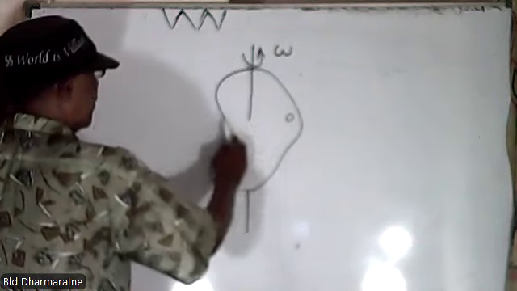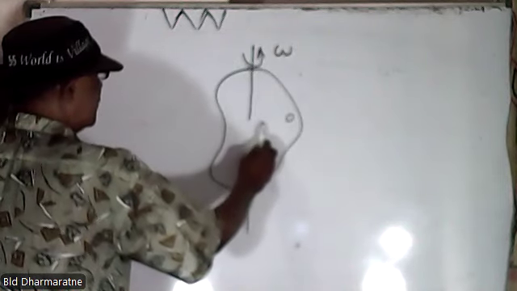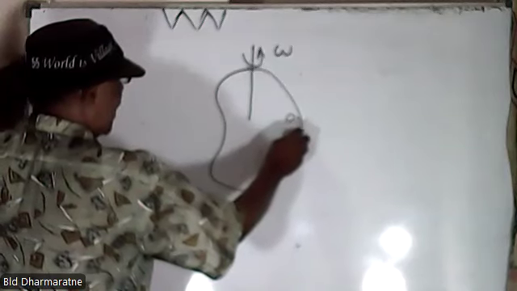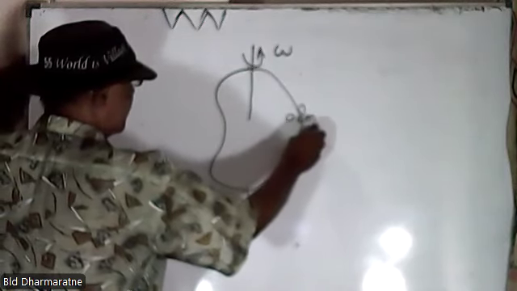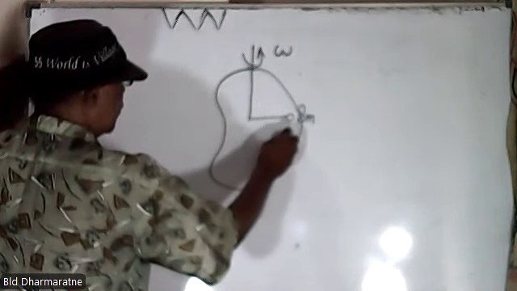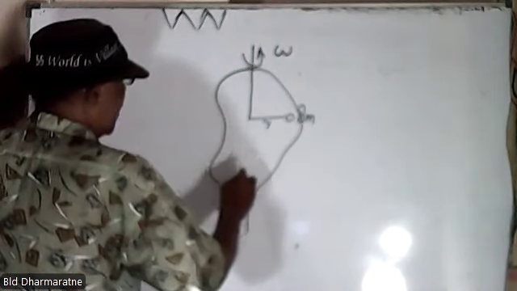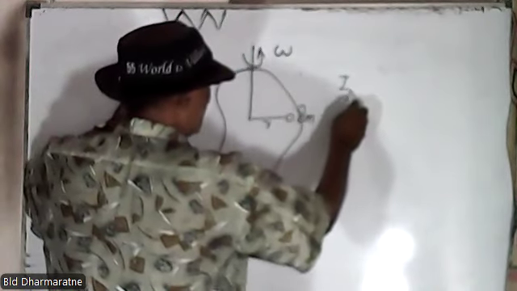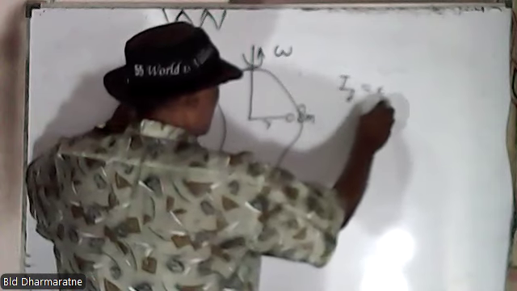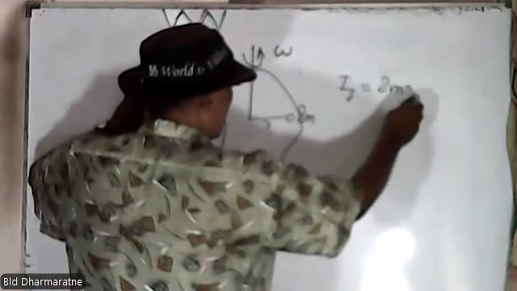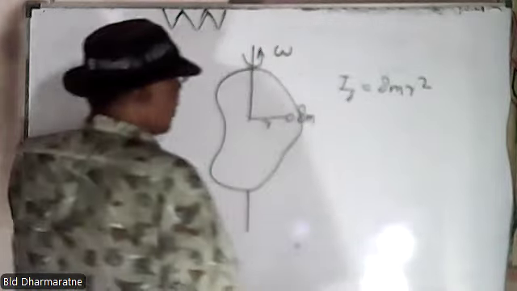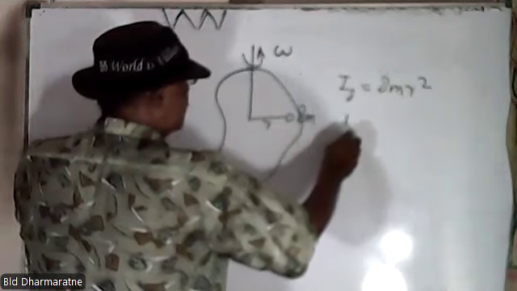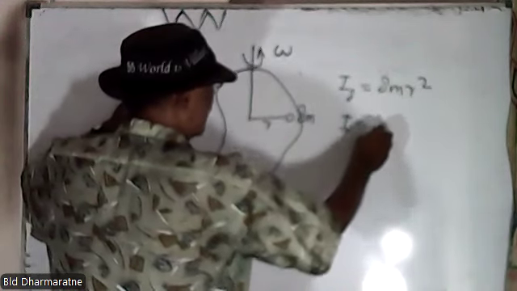The body contains many small masses, say delta M, at distance R from the axis. Then the moment of inertia of a small mass is delta M R squared. Taking all the masses, I equals the sum of M R squared.